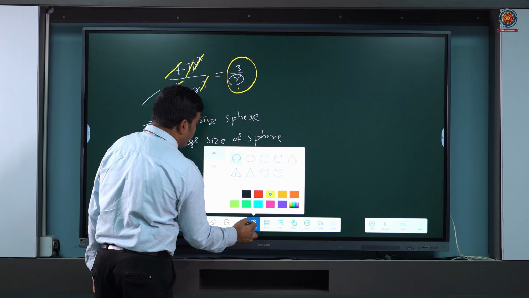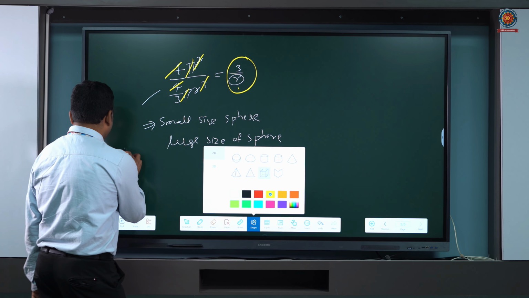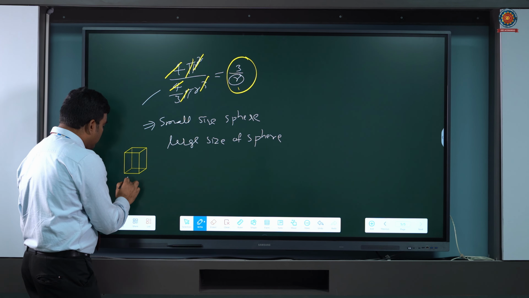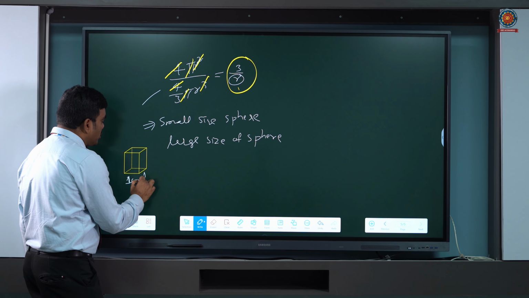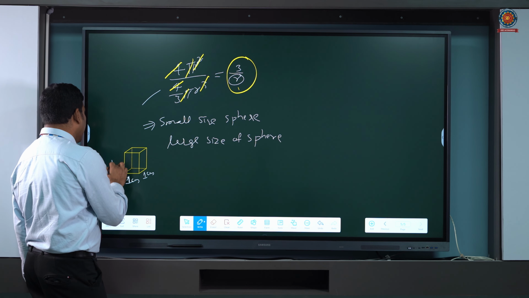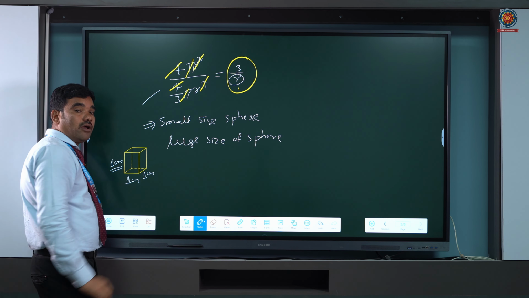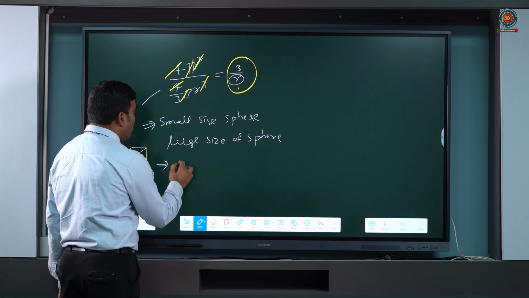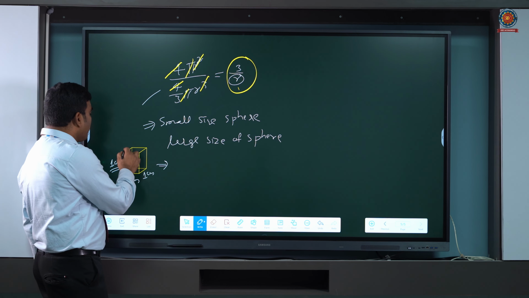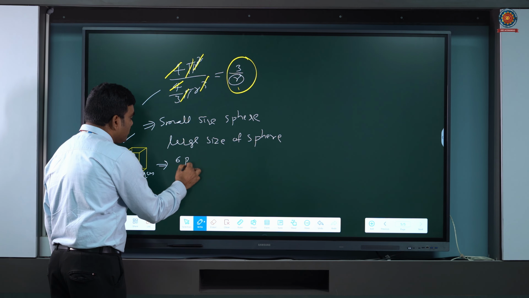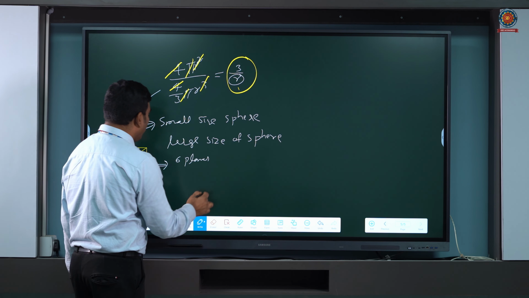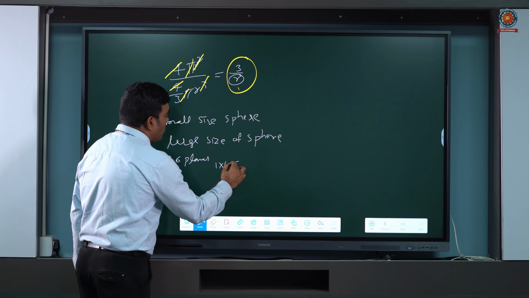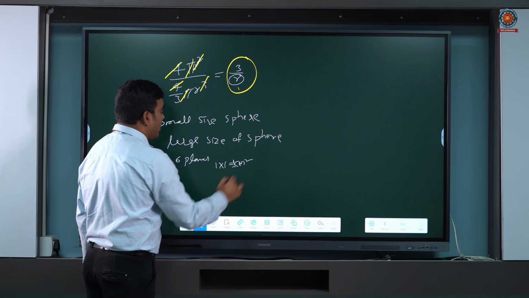Another example, we take a cube. Here we assume the length is 1 centimeter, width is 1 centimeter, and height is 1 centimeter. Now what is the surface area? This cube has 6 planes. One plane's surface area equals 1 into 1, which is 1 centimeter square.